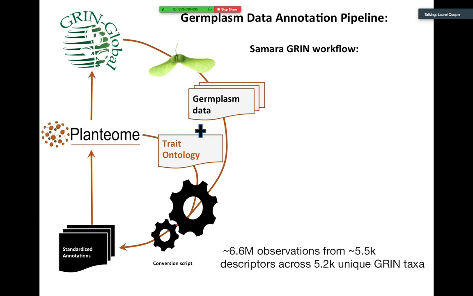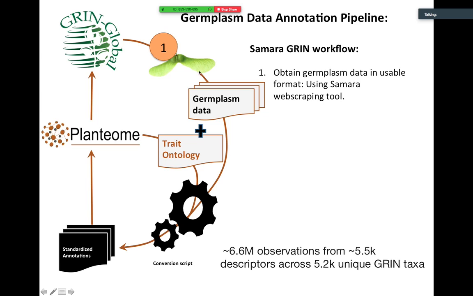So one thing I wanted to talk about briefly was our new data annotation pipeline. This is some work that Austin Meyer has been doing in our lab. We've been collecting germplasm annotations from GRIN-Global using the Samara tool. You can see the nice little graphic they have for the Samara here.